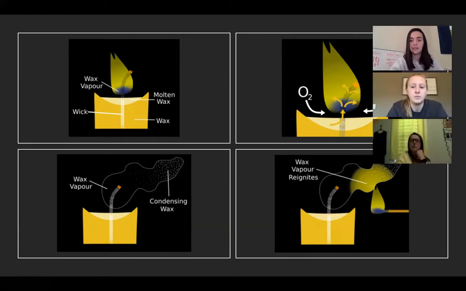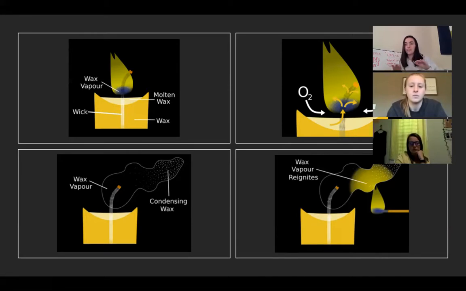And so what happens is, moving over to this picture right here, when the other heat source comes in contact with these condensing wax particles, it'll reignite and reheat those condensing wax particles and change them back into this gaseous form that once again reacts with oxygen.